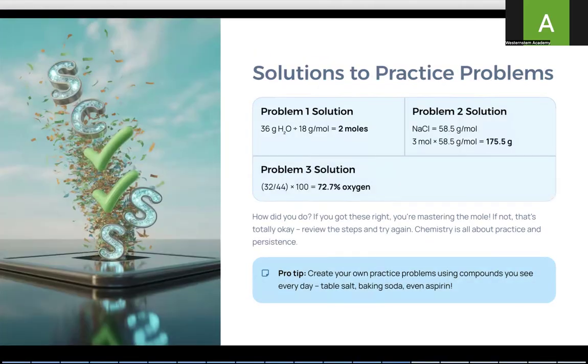Now we're looking at the solutions to the practice problems. Problem one solution: 36 grams of water divided by 18 grams per mole is equal to 2 moles. Problem two solution: sodium chloride is 58.5 grams per mole, because it is the mass of sodium plus the mass of chlorine.